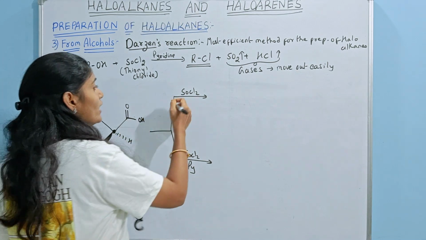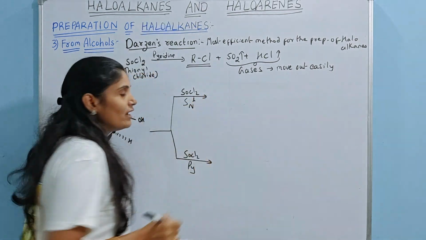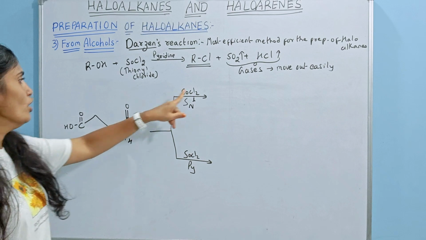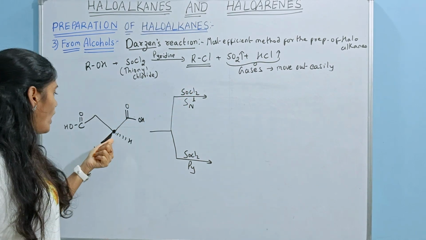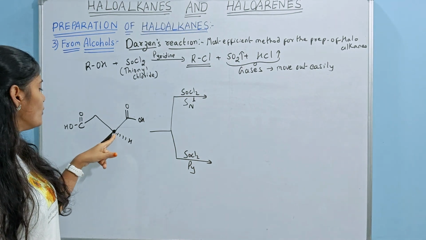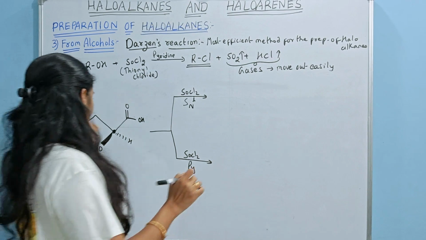Now here the SOCl₂ is in the absence of pyridine. So what mechanism do you see here? SNi mechanism. And whenever the mechanism is SNi, there will be retention of configuration. So the nucleophile Cl minus will go and attack and take the place of OH in the same direction.